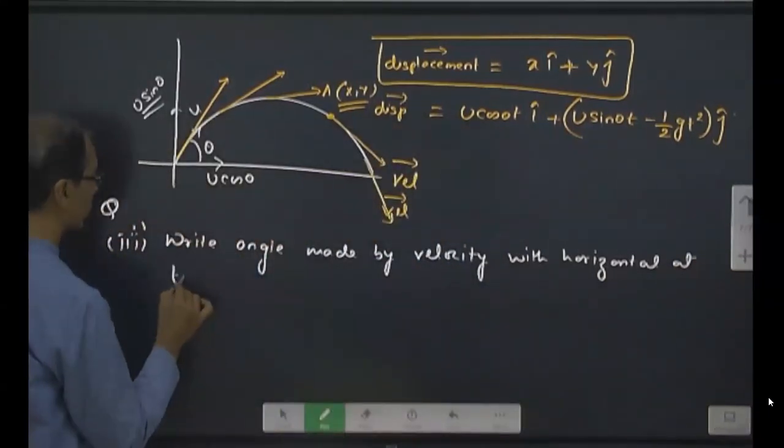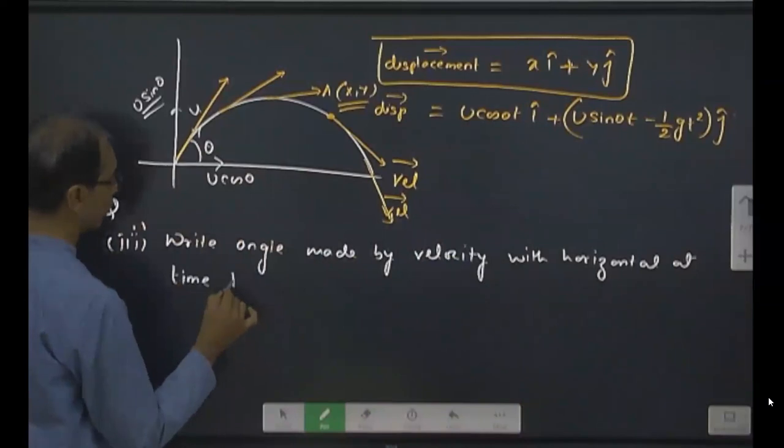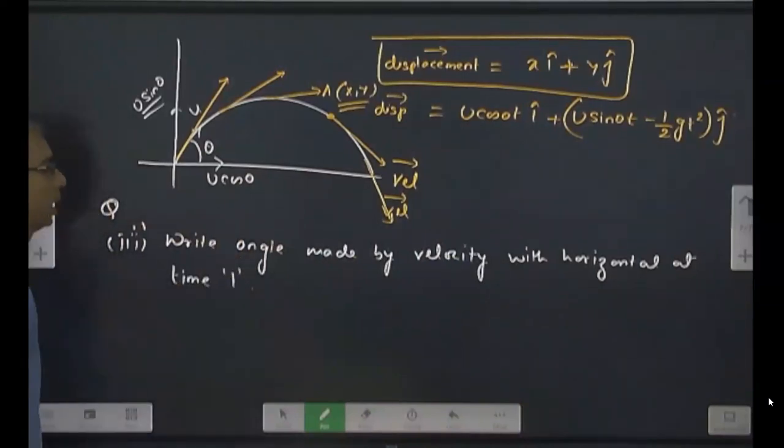Just note this one because you do not know how to find it, so I have to tell you. Write: angle made by velocity with horizontal at time t. Done?